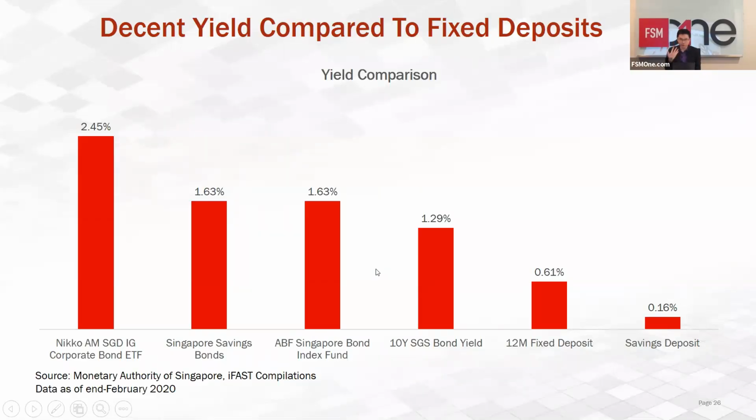And also, what kind of yield can you expect from this particular ETF? Okay, as of end of Feb, based on the ETF's fact sheet, the average yield of its portfolio is actually about 2.45%. It is not the highest if you compare this to, let's say, your high yield bonds or maybe the dividend yields that Singapore stocks are offering.